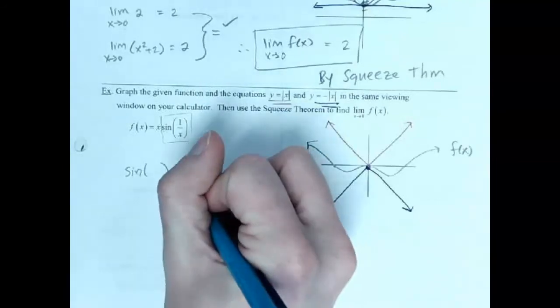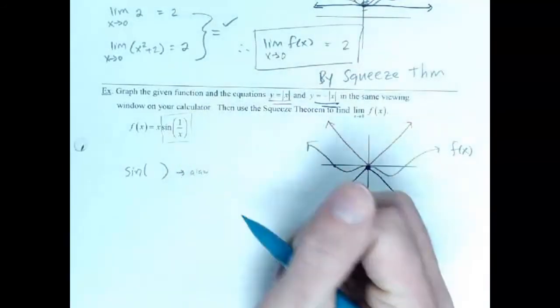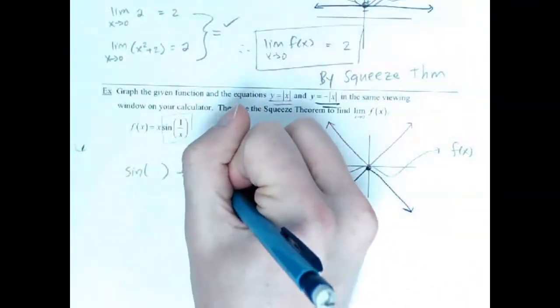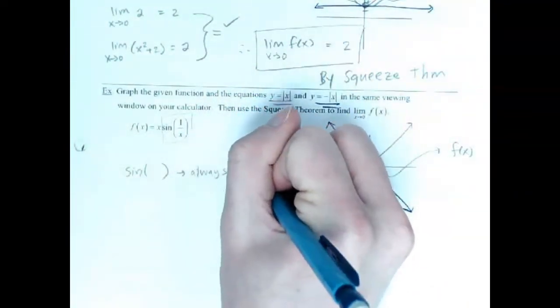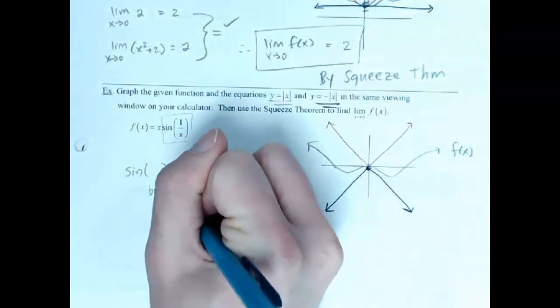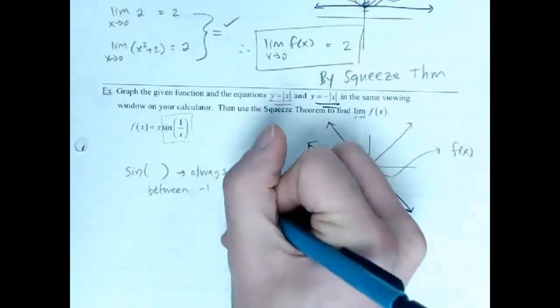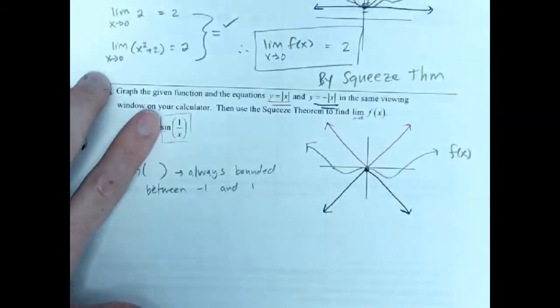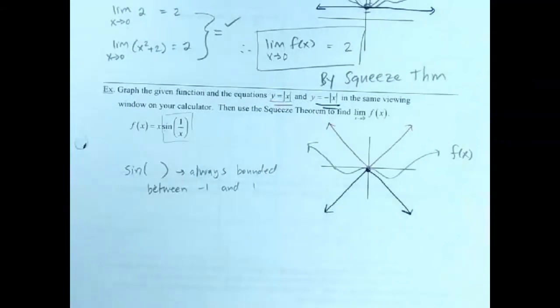I know this is always, ooh, I can't spell, that was really bad, always going to be bounded between two numbers. It's between -1 and 1. It doesn't matter what's inside the sine. That sinusoidal wave is always going to be bounded between -1 and 1. Sine of stuff is always going to be bounded between -1 and 1.